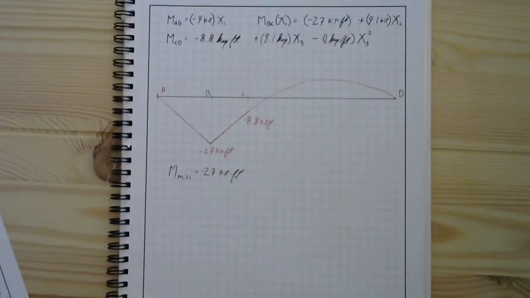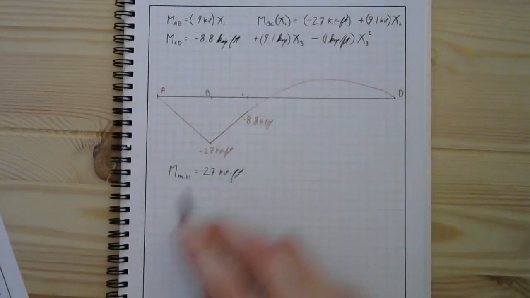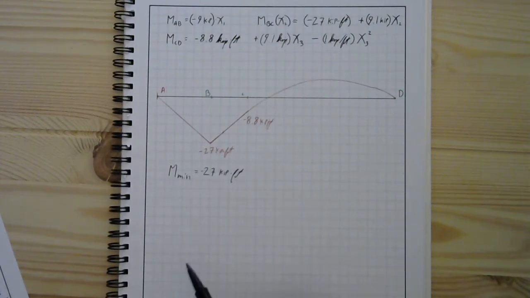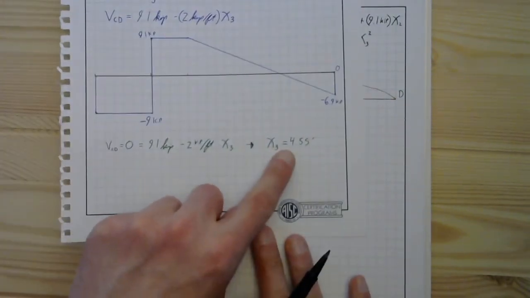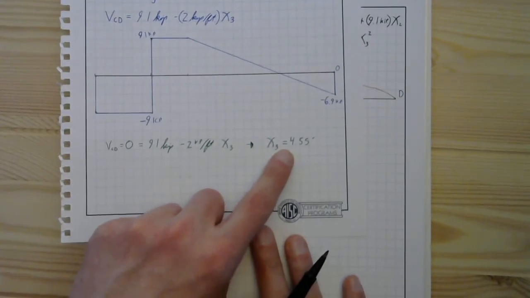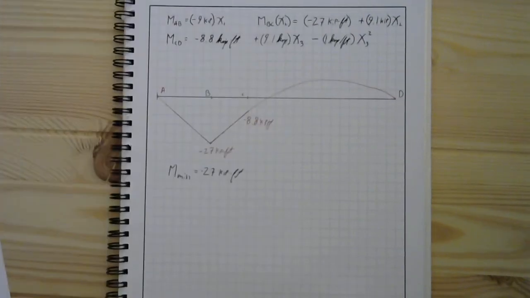Our maximum moment is going to be somewhere up here, but we said that the location of the shear passing through 0, so where the slope will be 0, so our local minimum or maximum, it's going to be at x3 is equal to 4.55.